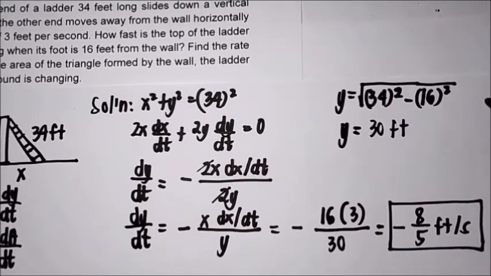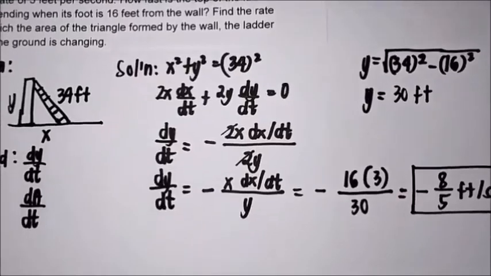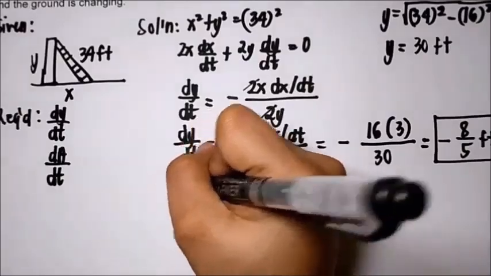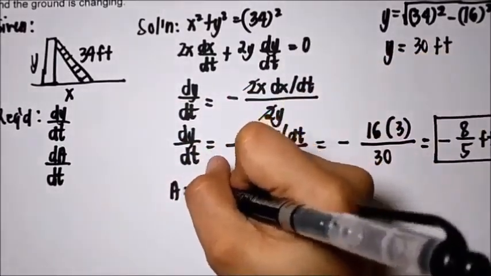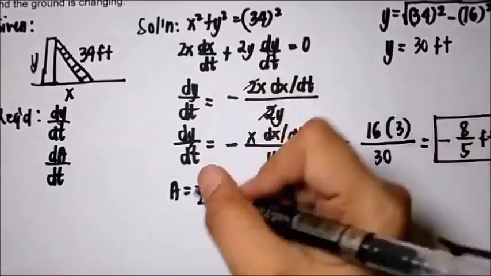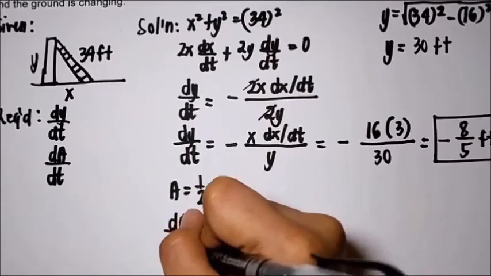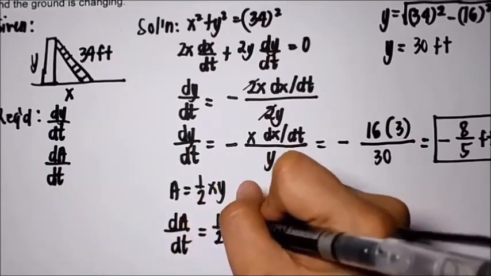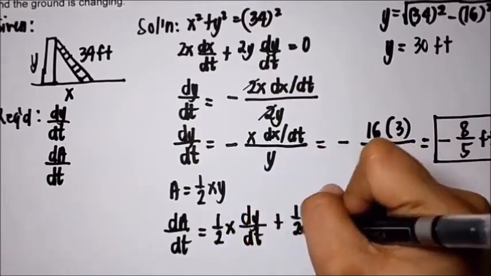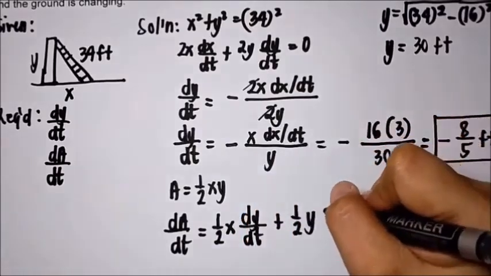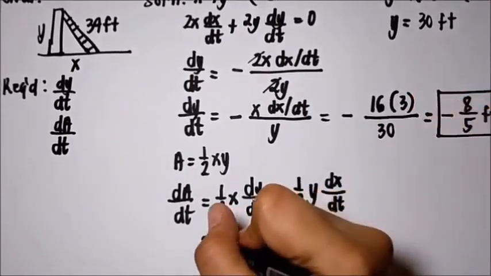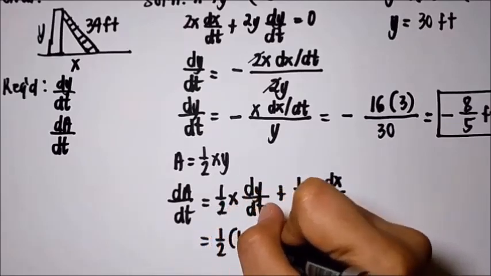Another unknown is dA over dt. Since it is a triangle, we can solve for the area of that. The area of a triangle is 1/2 base times height. Base is x and height is y. So dA over dt, using the product rule, we have 1/2 x times the derivative of y, which is dy over dt, plus 1/2 y times the derivative of x, which is dx over dt. Let's substitute now. 1/2 x is 16.